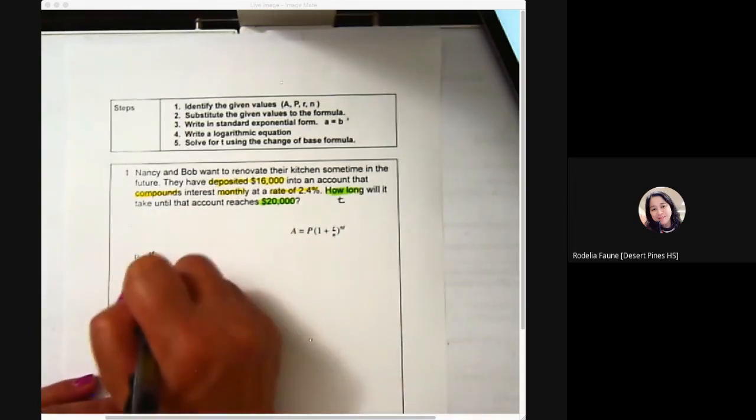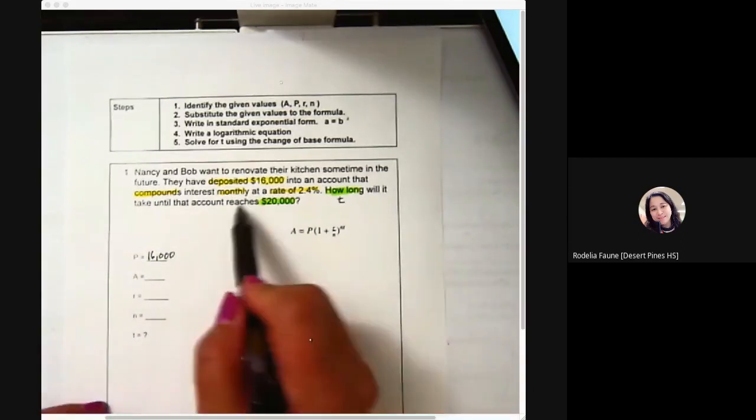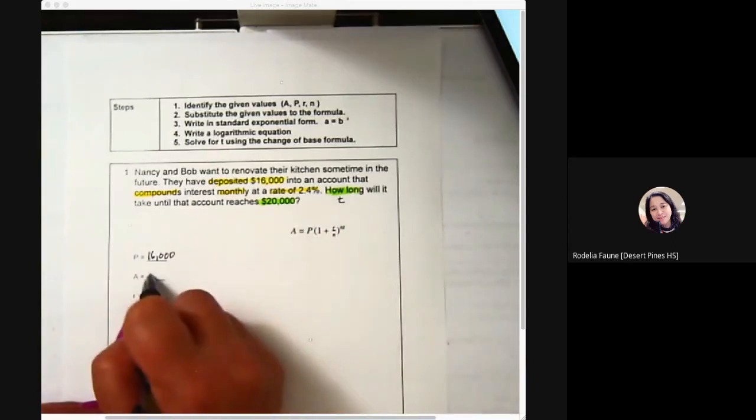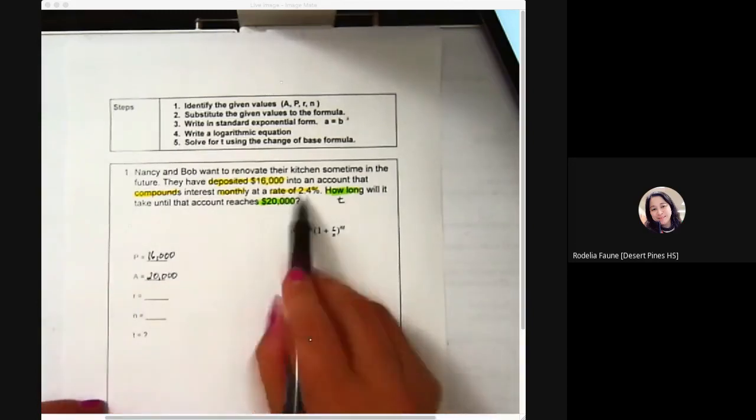And they want it to reach 20,000. Okay? 20,000 is the desired amount. And then the rate is 2.4%.